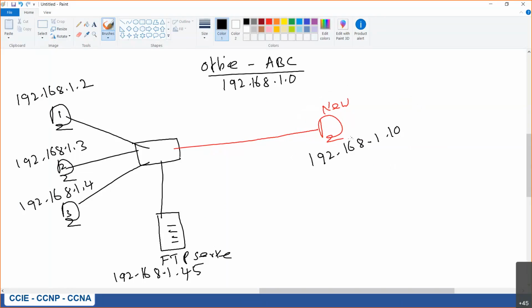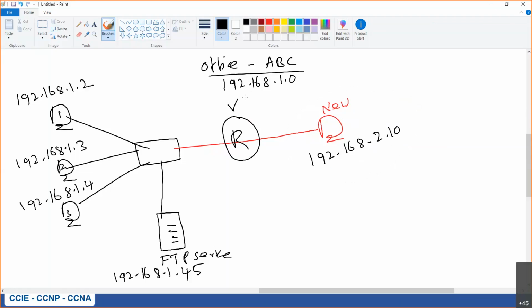But my requirement is that I don't want to change the address. Still using this IP address, I want to communicate with my network devices. Now in between we require a device called a router. What is the function of a router? A router will connect multiple networks.